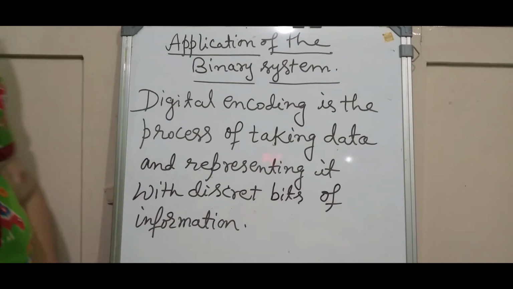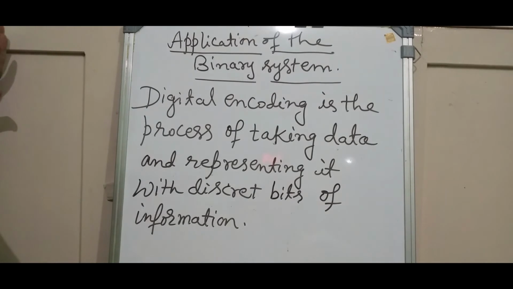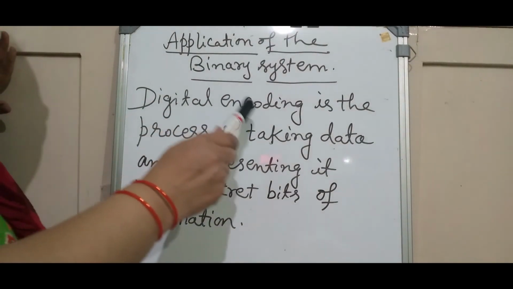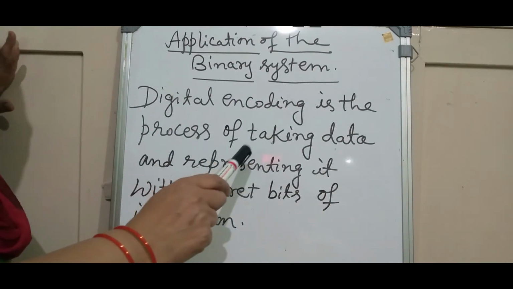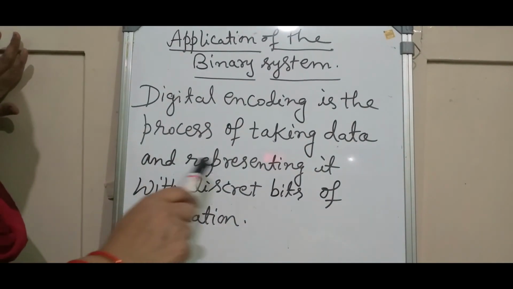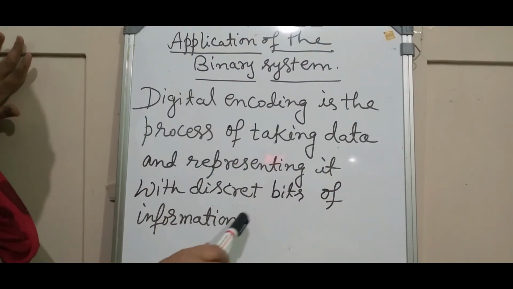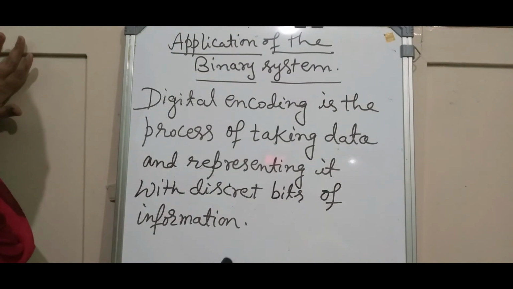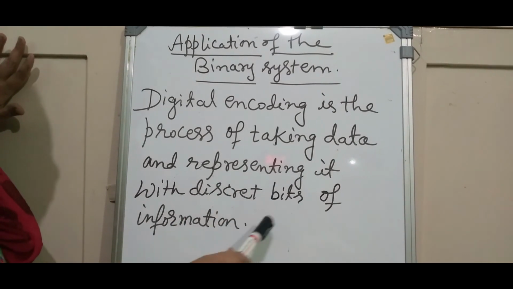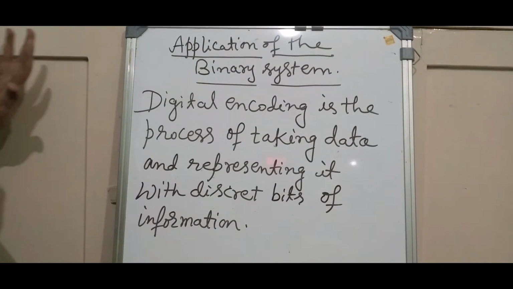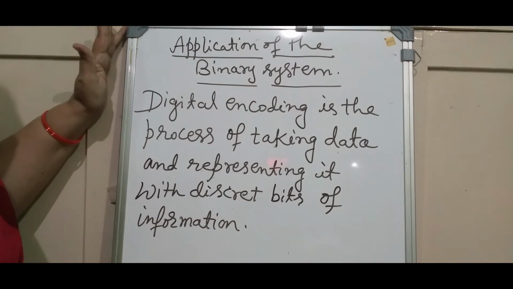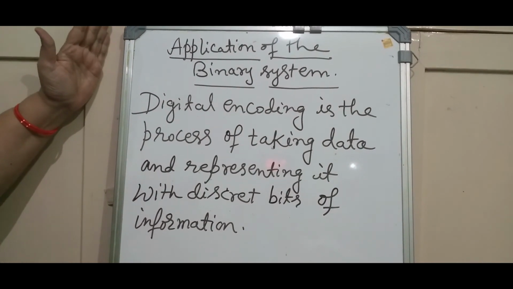And the application of this binary system is digital encoding, the process of taking data and representing it with discrete bits of information. This is how the application is there for the binary system in the computer's knowledge.